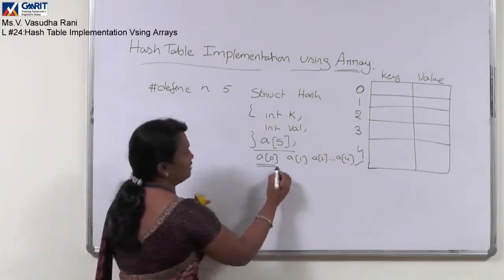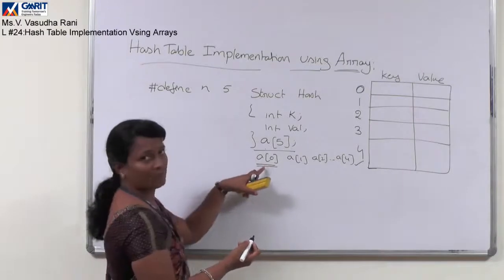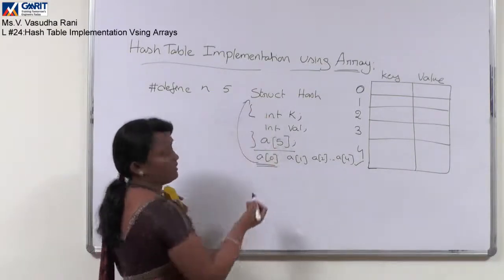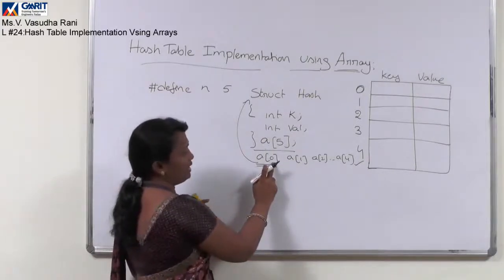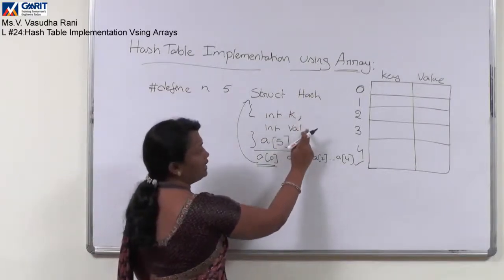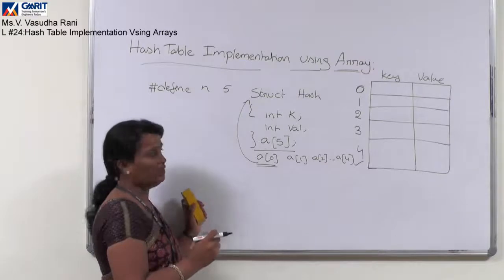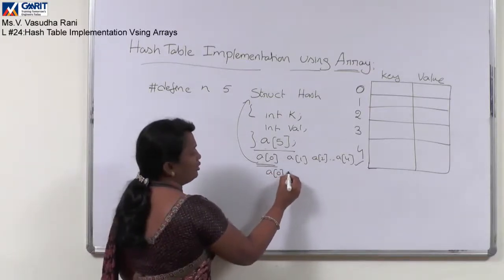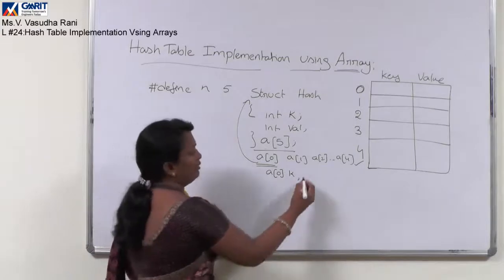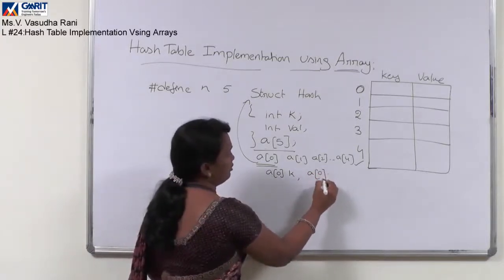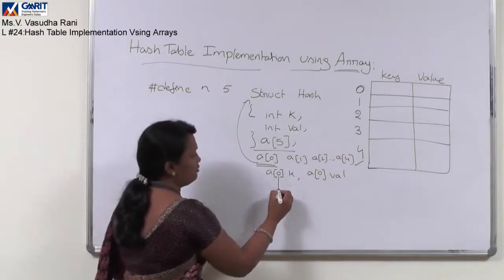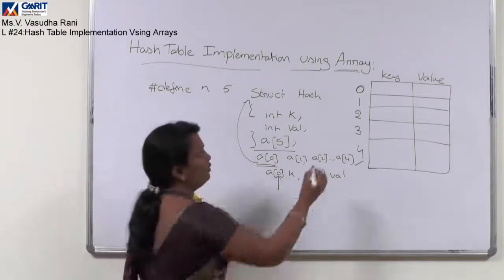Every structure variable, a of 0 is one structure variable which is of type struct hash. This structure variable is defined with one key and one value. So a of 0 dot k and a of 0 dot val correspond to index 0.